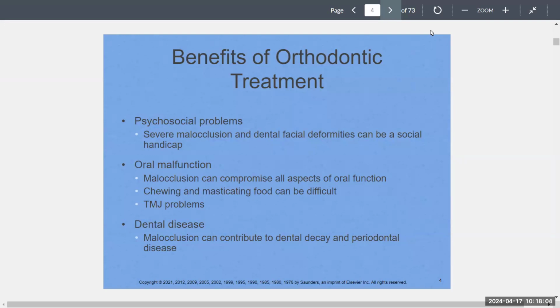They can also get a lot of impaction of food between teeth. It gets embedded in those spaces, or rather the lack of space, causing periodontal disease as well, because they're going to get more bleeding in the gums. It's going to be harder for them to clean their teeth. So that's something to think about.